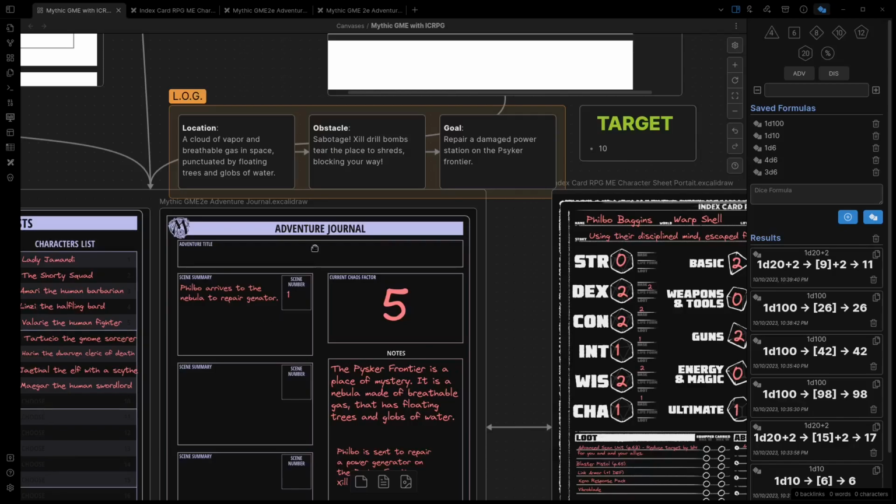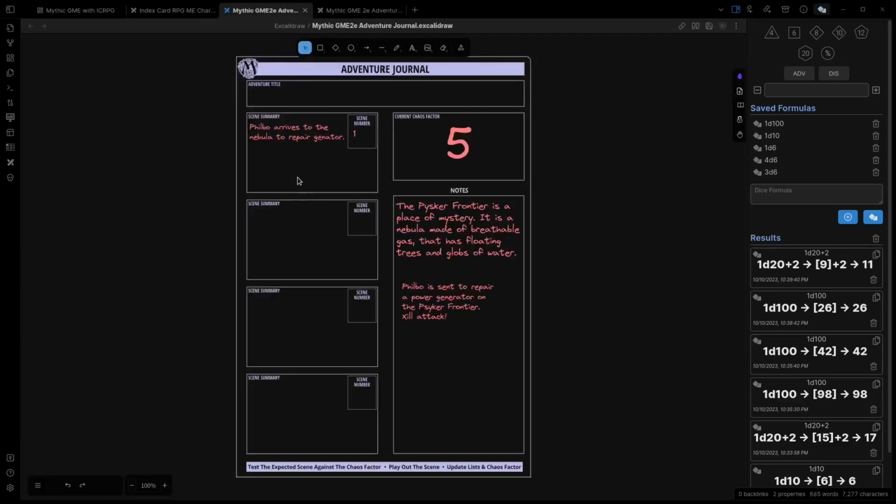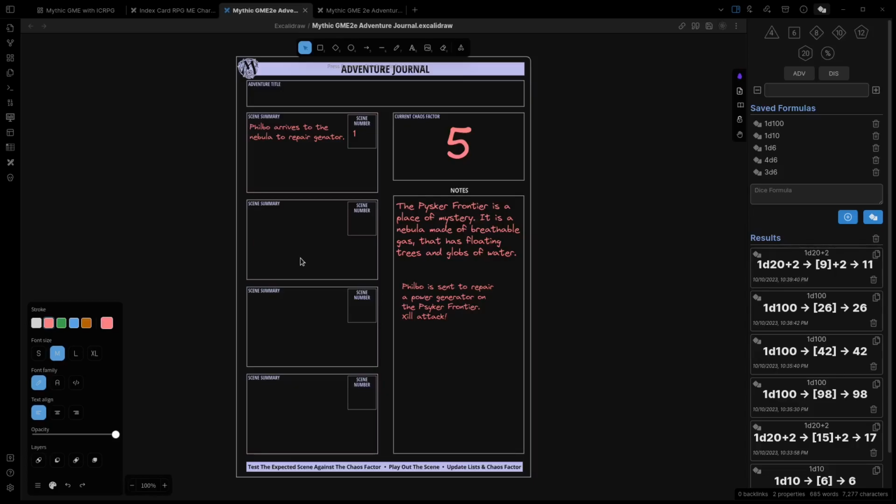And now I can update my adventure journal and say, Bilbo begins work on the power generator. Scene number being 2.